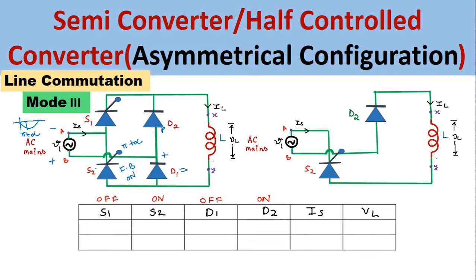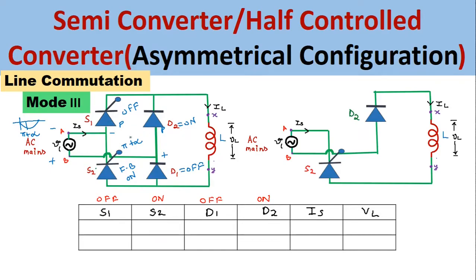Therefore D1 goes into the off condition due to this reverse bias voltage, and due to the forward bias voltage across D2, it goes into the on condition. In the negative half cycle, the negative polarity will come at the P side of this SCR S1, so this SCR will be in the off condition. So S1 will be off and D1 will be off in this case.